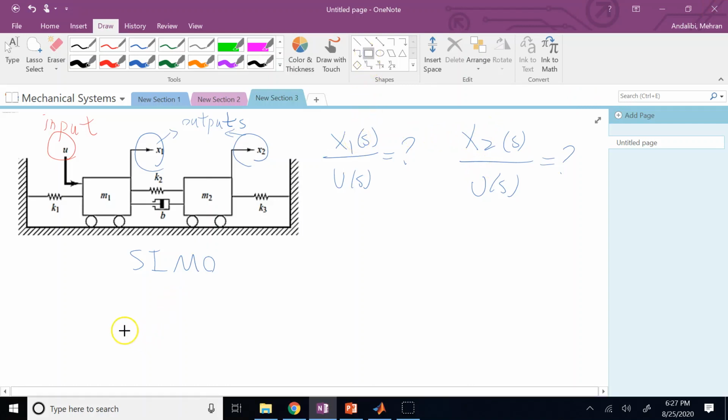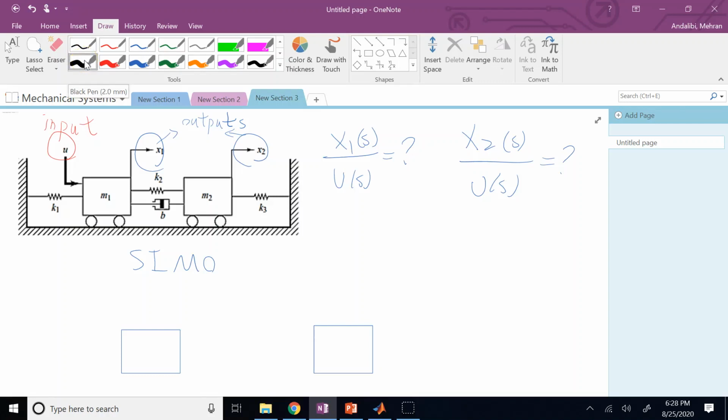So first, we draw our FBDs. So that's one. This is another one. And let's write. So what do we have? So this is mass m1.